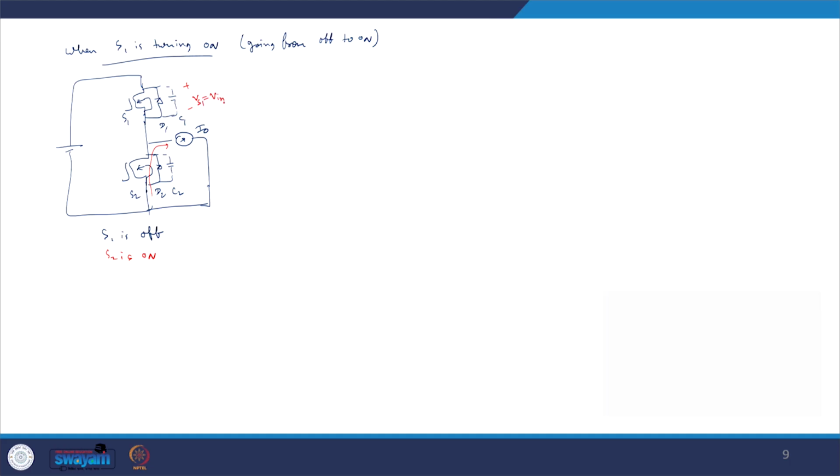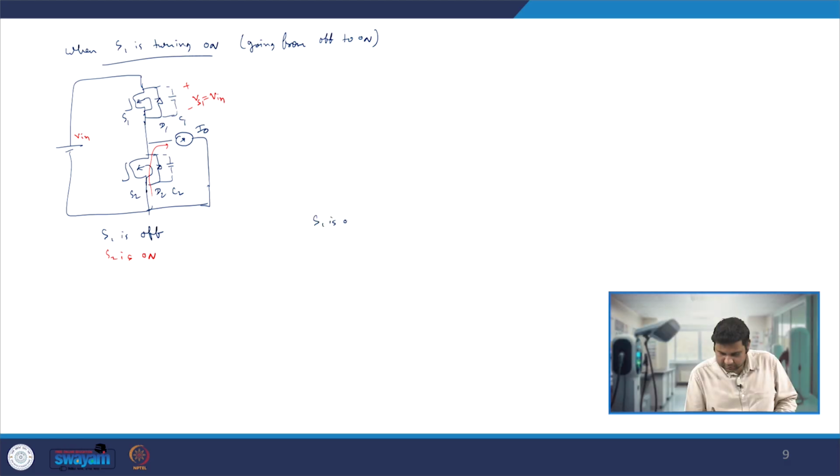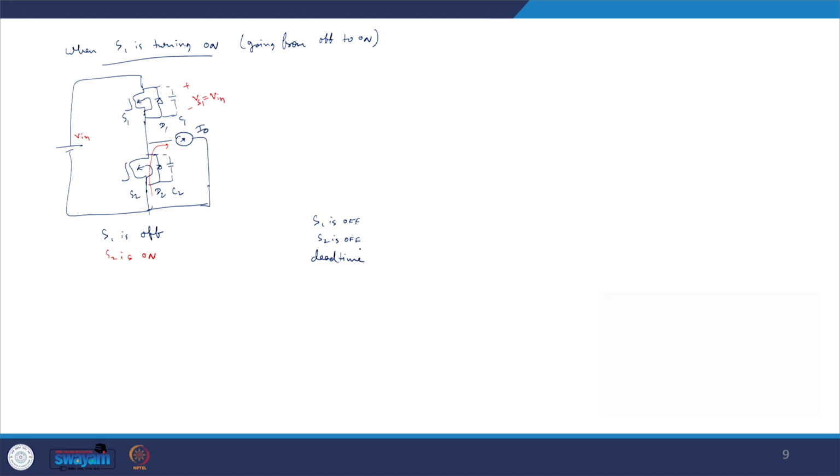Now what happens, you are now turning off. So S1 is off and S2 is also off, and here we can also see the turning off of S2.